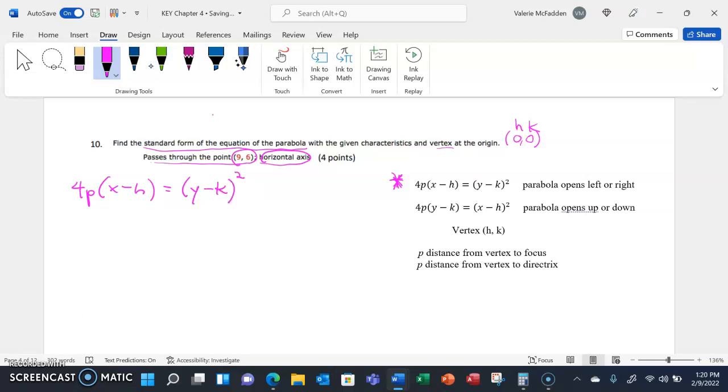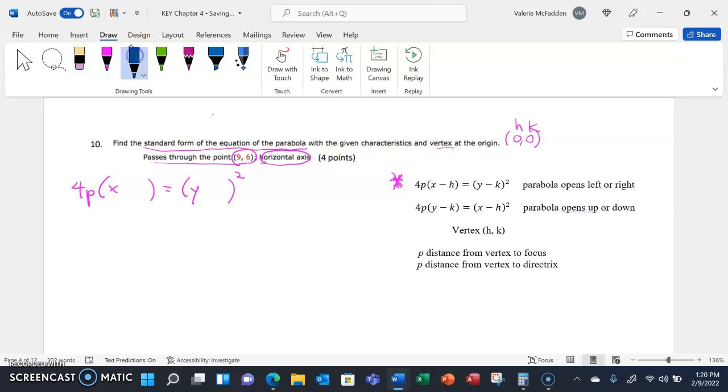Your teacher may have written it with the (y minus k) squared on the right side and the 4p times (x minus h) on the left, or vice versa, but it doesn't matter either way. So our h and k are 0, 0, so there's nothing there, because h and k are 0.